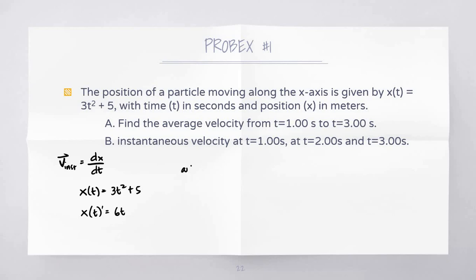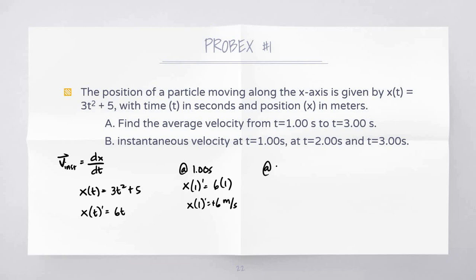So at 1 second, just substitute this one. So x of 1 prime is 6 times 1, which is equal to 6, and the unit is in meters per second, obviously. So 6 meters per second, this is positive.